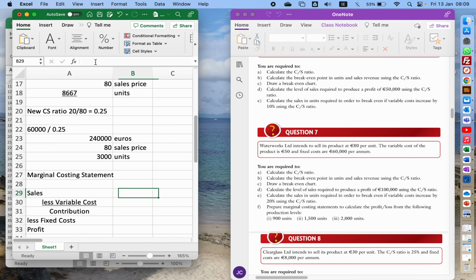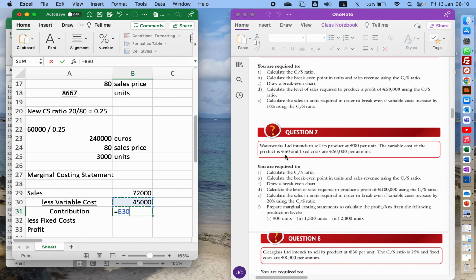Okay, so I'll just do the first one, you can do the other ones. If we sell 900 units, our sales is going to be 900 multiplied by our sales price, which is 80 euro. So that's the money coming in, 72,000. Our variable cost is 50, so it'll be 900 times 50.